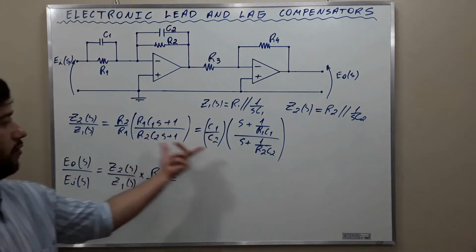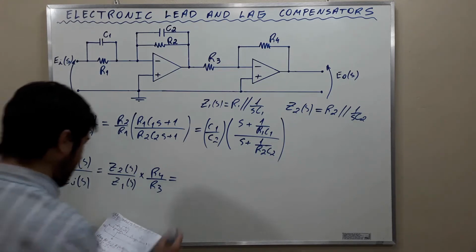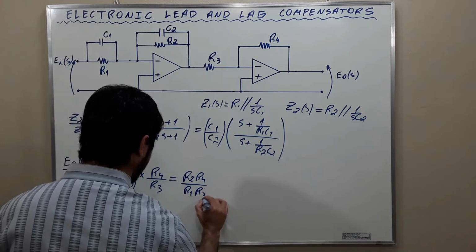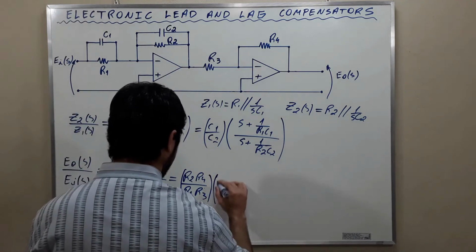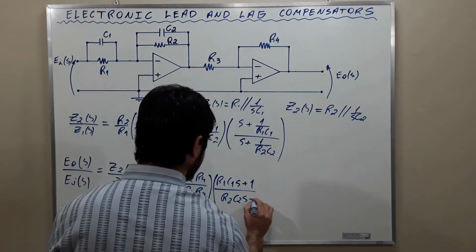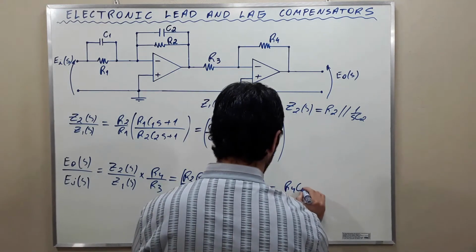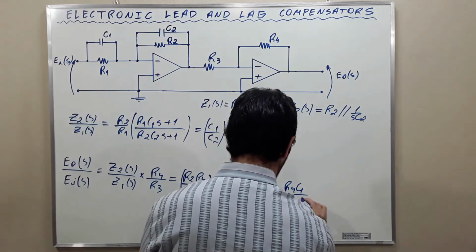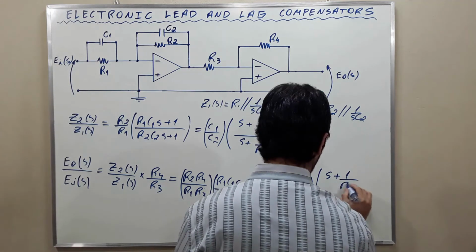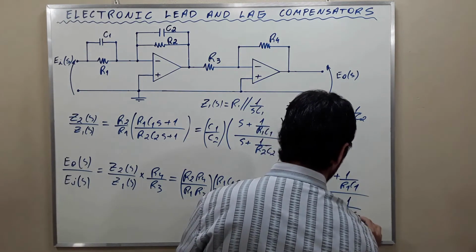We substitute this to get the global transfer function, which can either be R2 R4 over R1 R3 multiplying (R1 C1 S plus 1) over (R2 C2 S plus 1), or if you prefer, R4 C1 over R3 C2 multiplying (S plus 1 over R1 C1) over (S plus 1 over R2 C2).